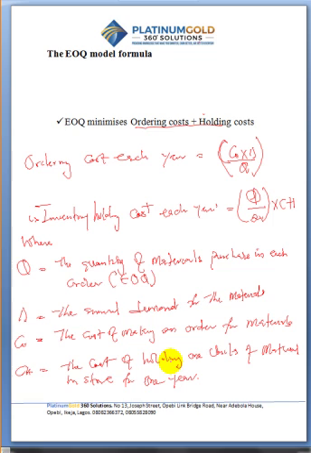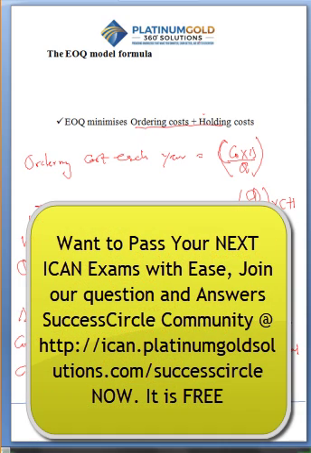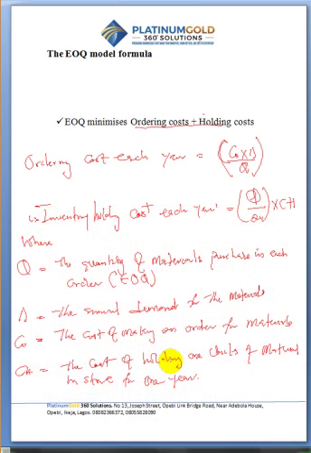The maximum quantity is Q units. The average amount of inventory held is therefore Q divided by 2, and total holding cost each year is Q divided by 2 times the holding cost per unit. Now the number of orders each year is demand divided by the quantity.